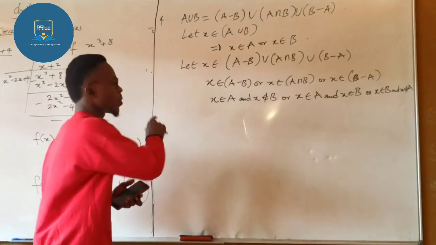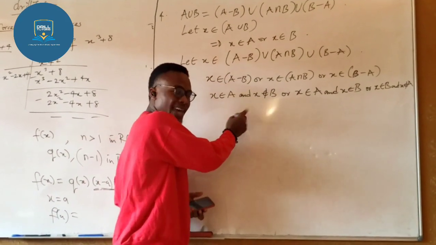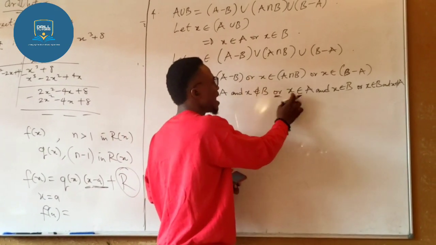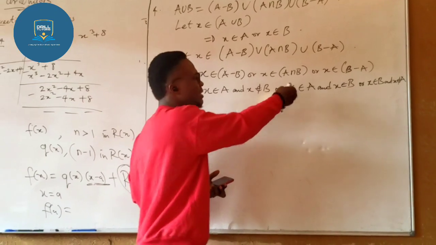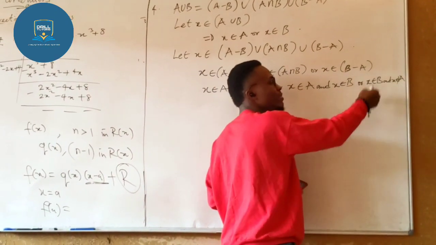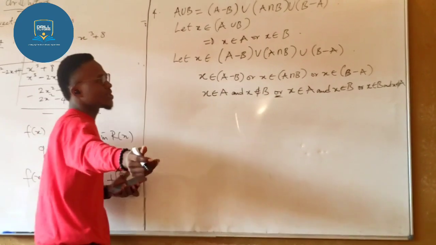Now look at what we have here. Let me read that to you. I said that x is an element of A and x is not an element of B, or x is an element of A and x is an element of B at the same time, or x is an element of B and x is not an element of A. What does that tell us?